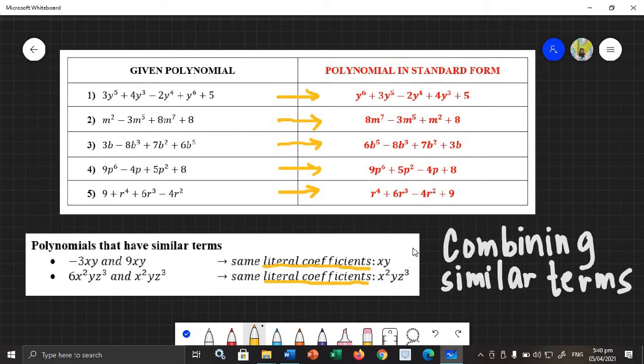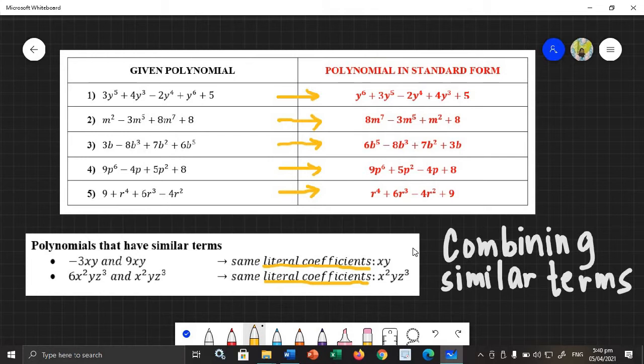So why am I saying this, or why do we need to know which polynomials have similar terms? Because in adding polynomials, we cannot add polynomials if they do not have similar terms.